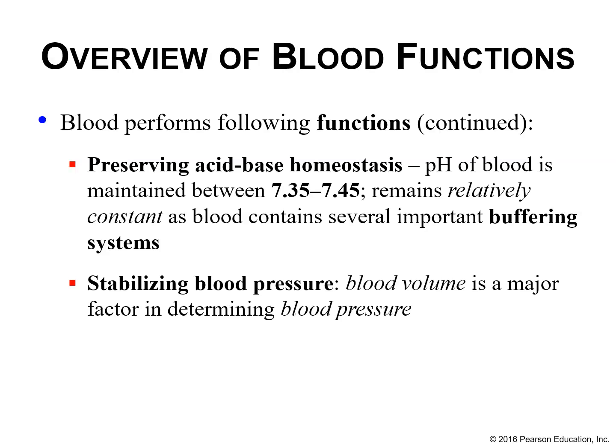That's only a 0.1 pH unit difference, and it's relatively constant because you have several buffering systems at work in your blood. And the last function is to stabilize your blood pressure, mainly through adjusting the blood volume. Remember, your blood volume is a major determinant of your blood pressure.